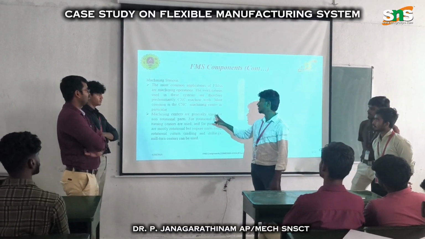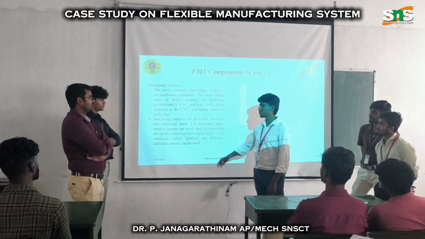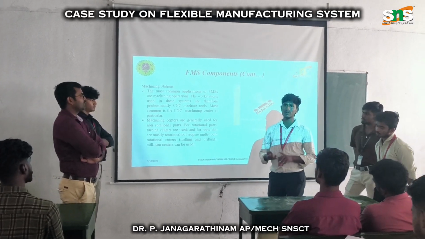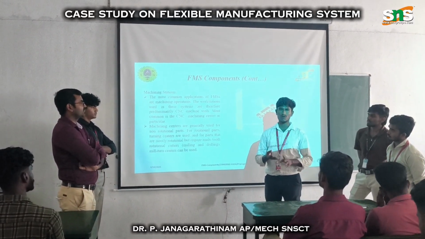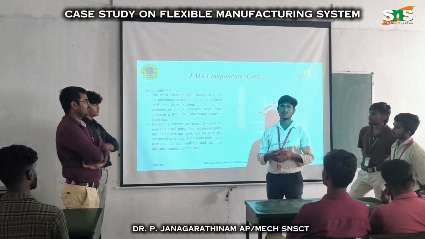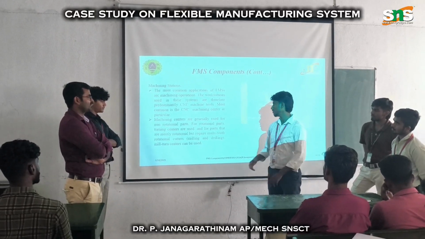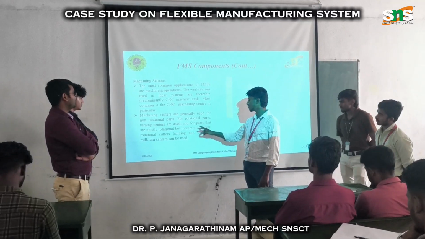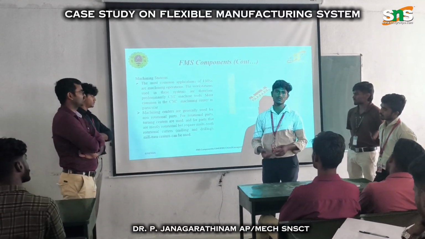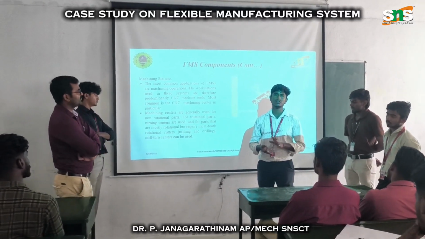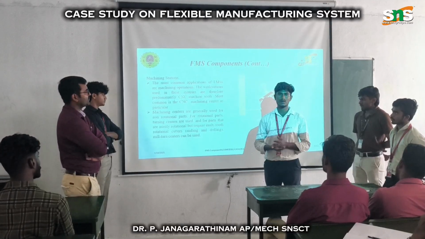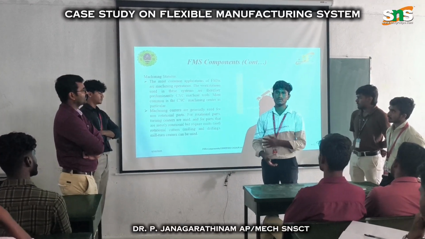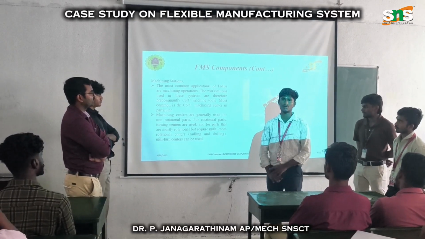The machining center is generally used for non-rotational parts. There is one part, moved from one point to another point, to assemble the fixed component. For turning centers, the most commonly used are the CNC lathe and cutting and drilling machines, mainly used for FMS components.